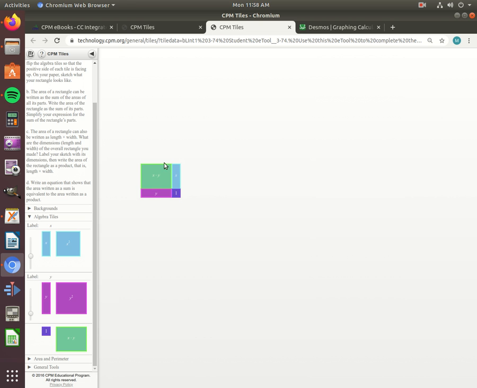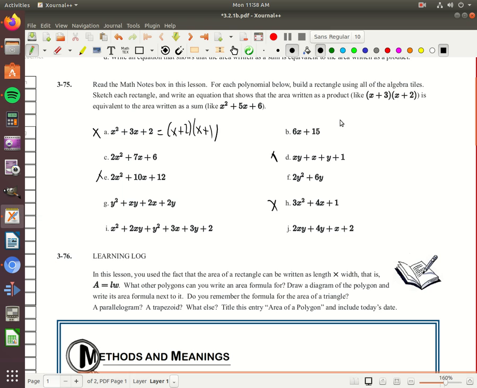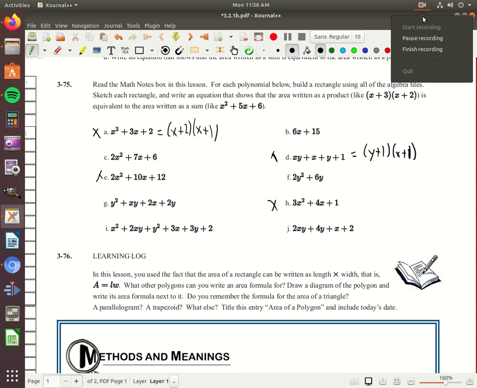Remember, the long side's y. So y plus 1 and x plus 1. So that's what I'll get here. y plus 1, x plus 1. I will now go set up 2x squared plus 10x plus 12 and solve that one.